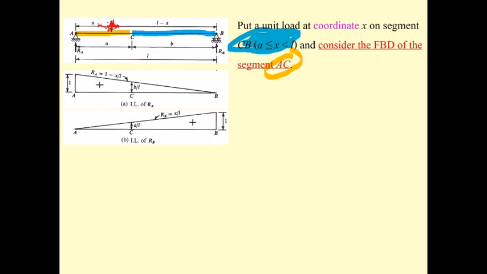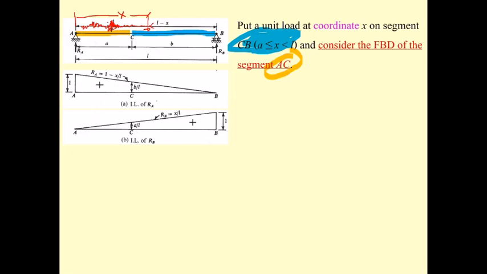This one take out. This time the force moves to here, and this is going to be X, and this is going to be L minus X. This is the correct picture of this.